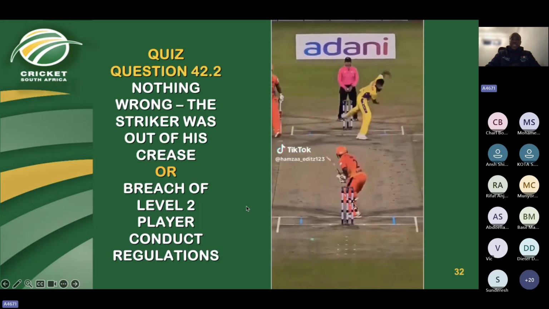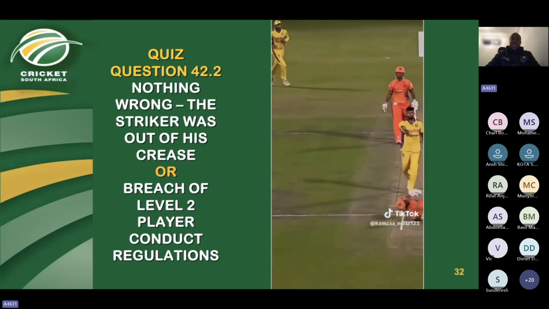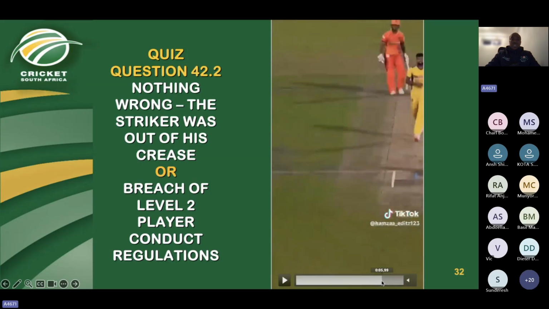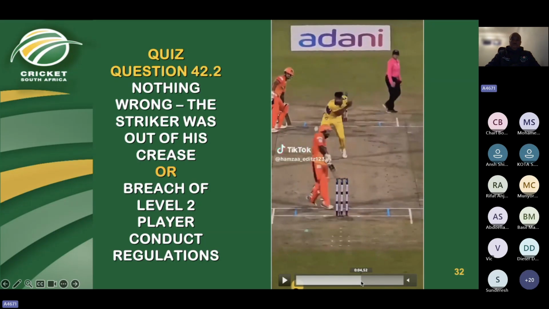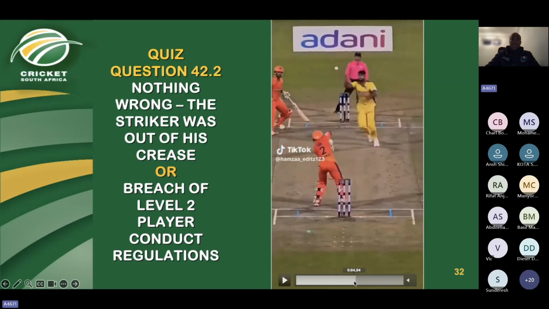Bowler bowls a delivery. Striker plays a forward defensive. It goes straight back to the bowler. And what I'm going to do is I'm going to just rewind it to show you that at some point here, just before the bowler catches the ball, you can see that the striker is out of his crease.